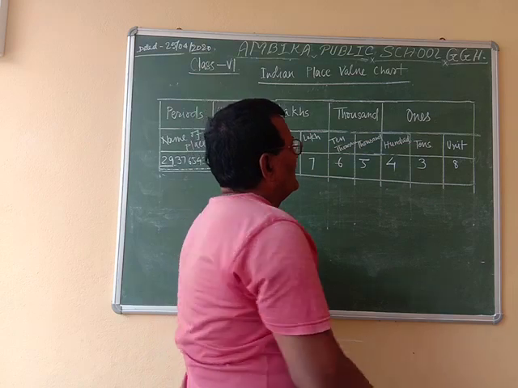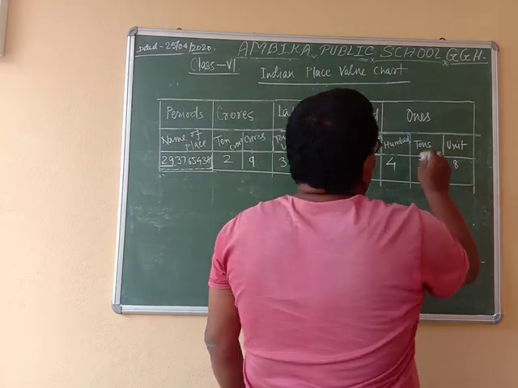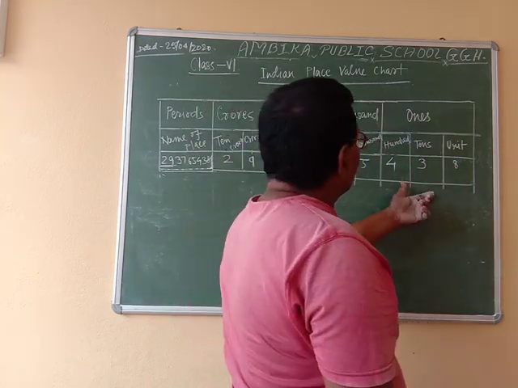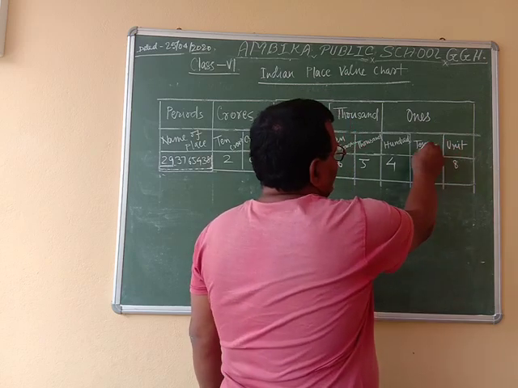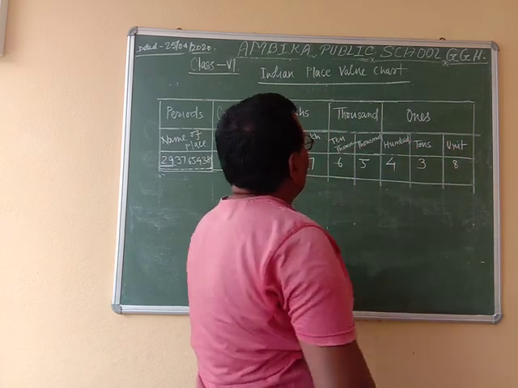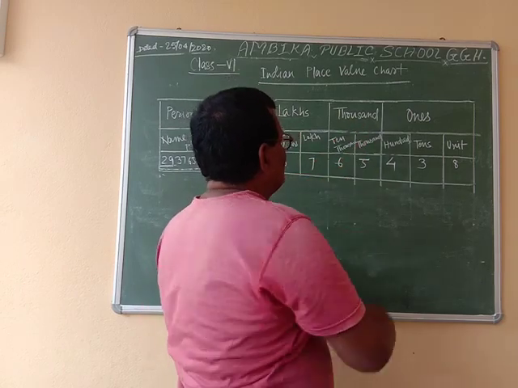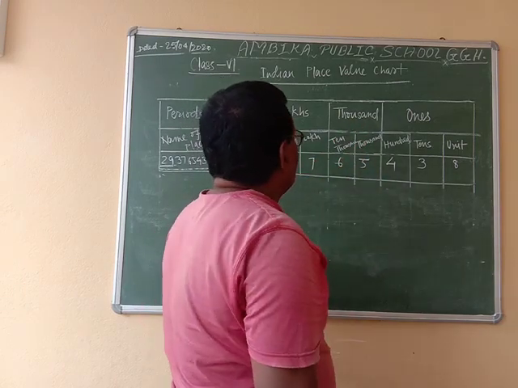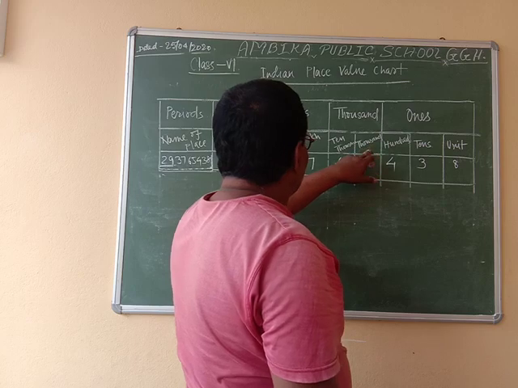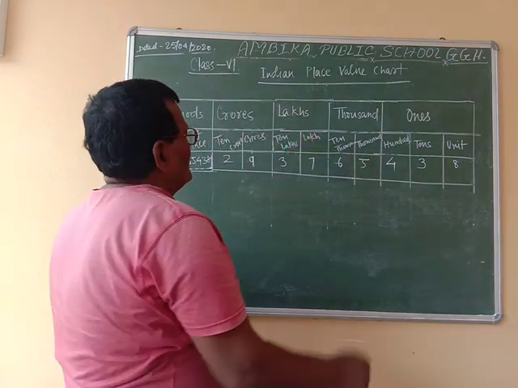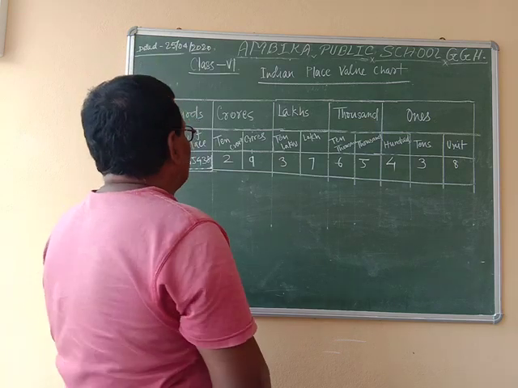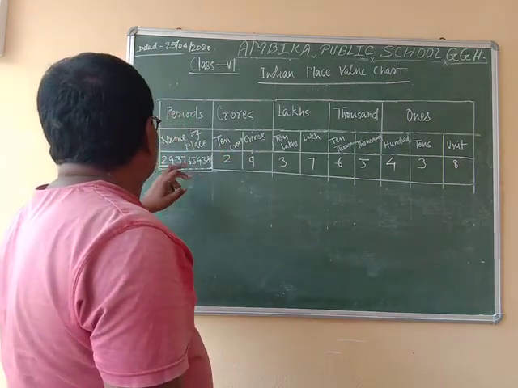The ones group is divided into three parts: ones place, tens place, hundred place. And the thousand is divided into 2 groups, where we write thousand, 10,000. Lakhs is also divided into 2 groups: lakhs, 10 lakhs. Crores, 10 crores.